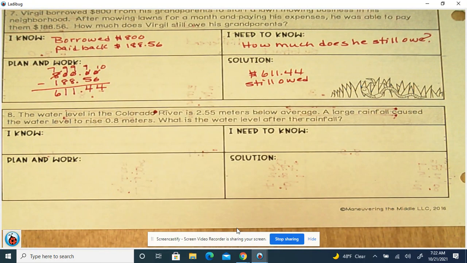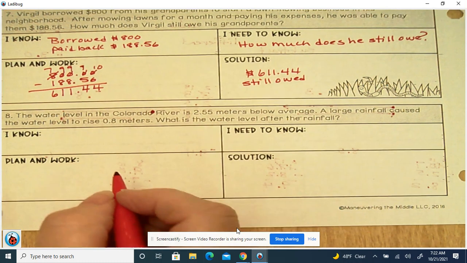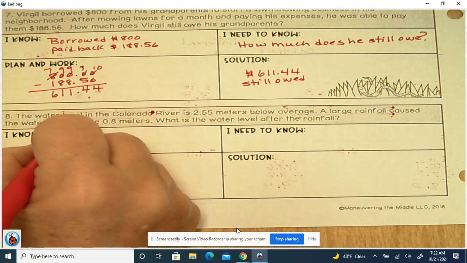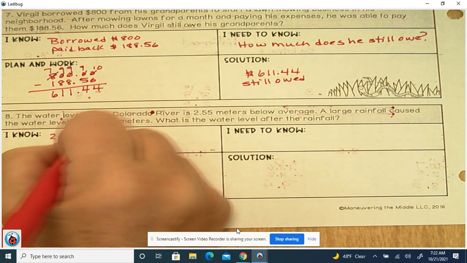The water level in the Colorado River is 2.55 meters below average. A large rainfall caused the water level to rise 0.8 meters. What is the water level after the rainfall? So what you know, it is 2.55 below average.